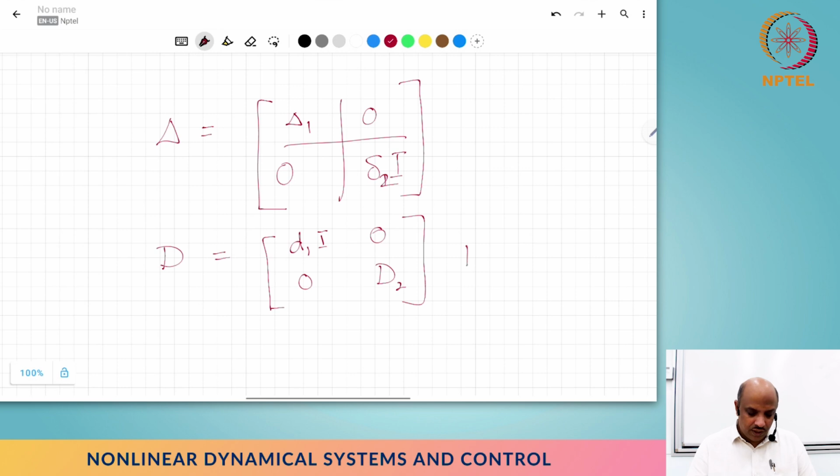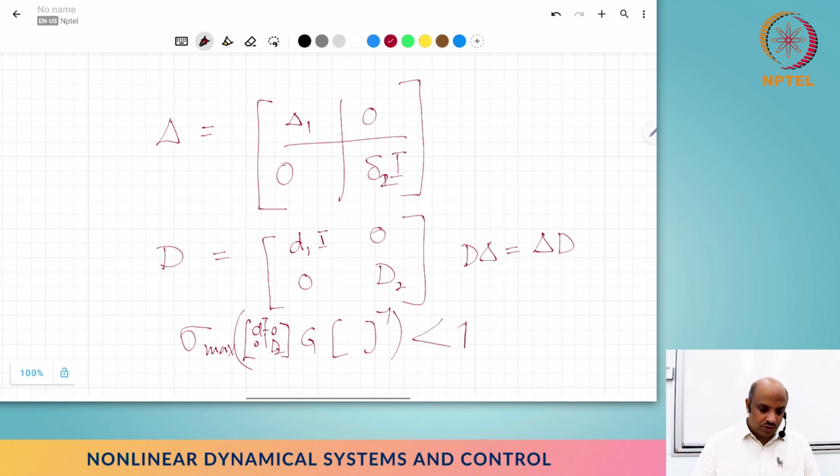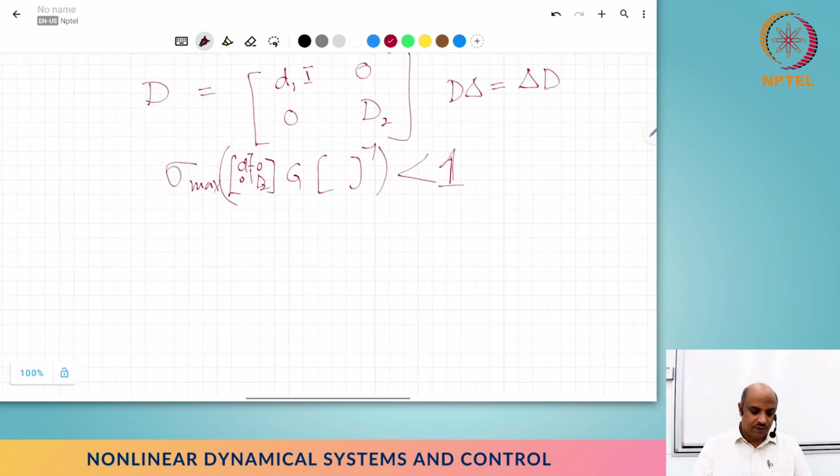So you can clearly see D delta is going to be equal to delta D, and can we find such a D such that sigma max of D G D inverse is less than 1, okay?